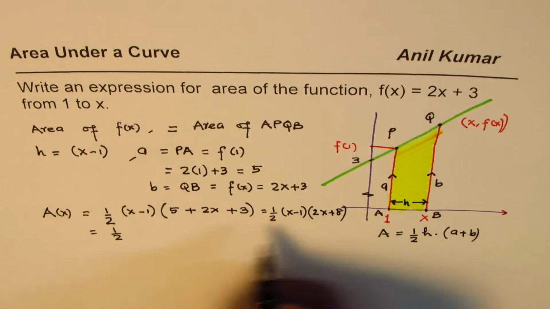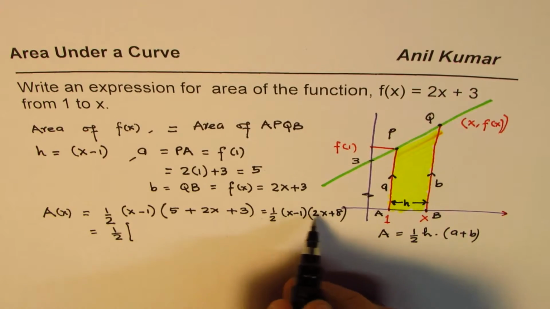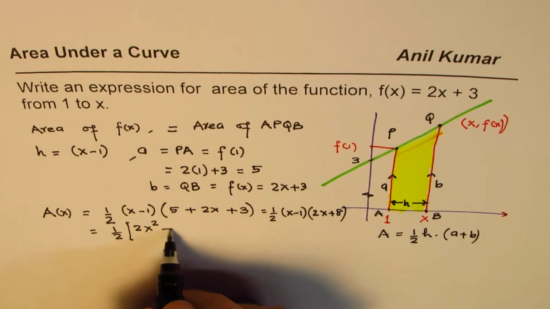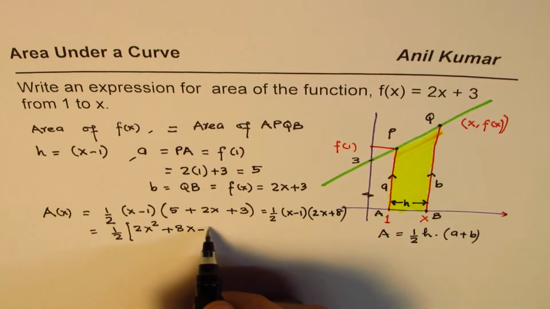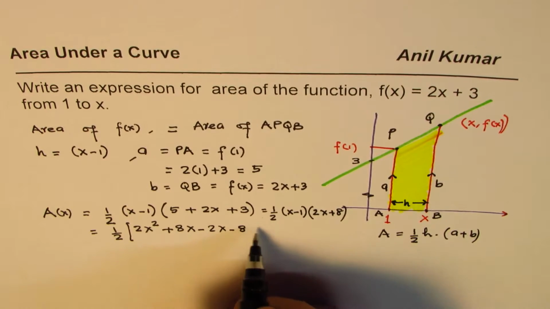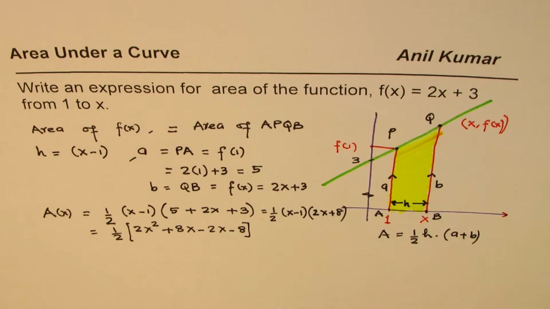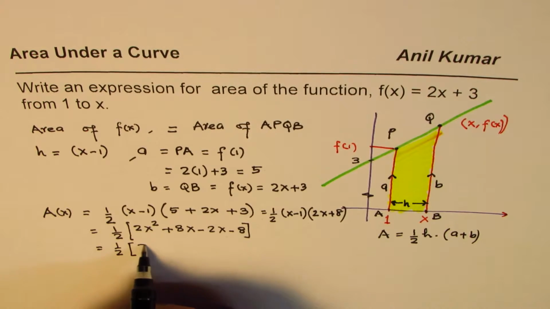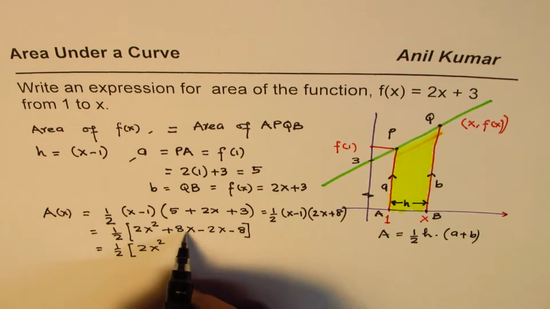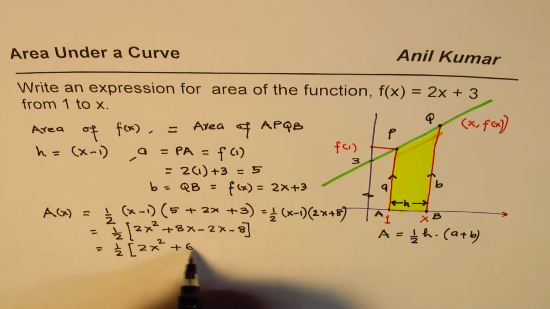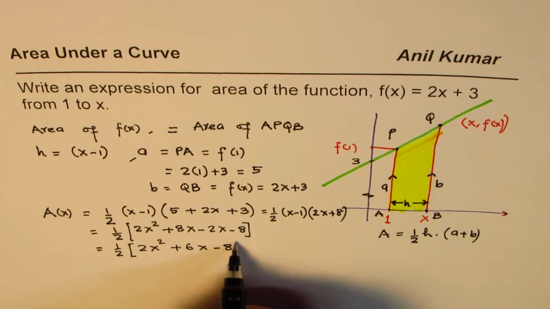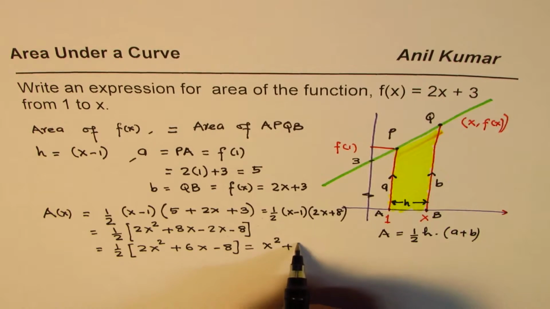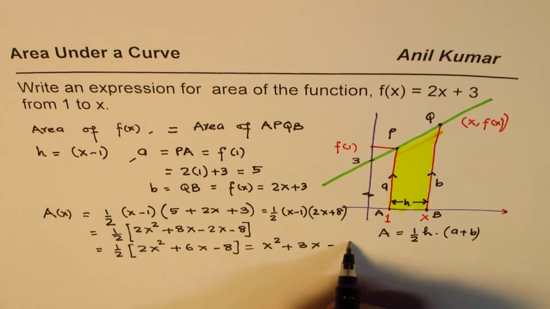Okay. Now we'll multiply. So we have half of 2x squared plus 8x minus 2x minus 8, right? So that is half of 2x squared, and 8x minus 2x is 6x, minus 8, and that is equal to x squared plus 3x minus 4, right?